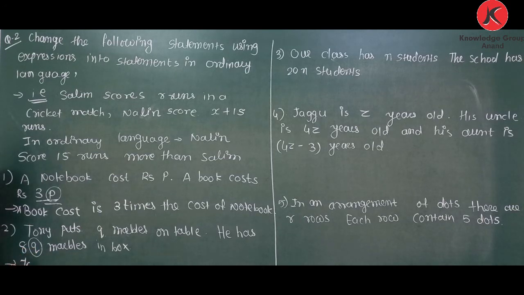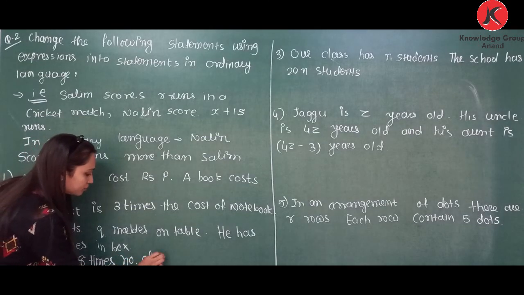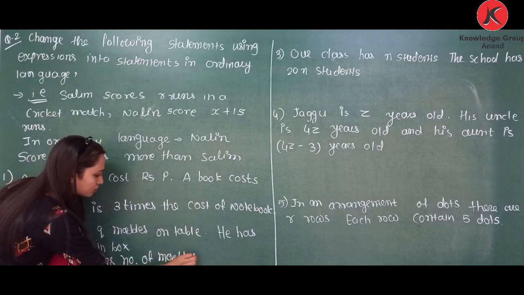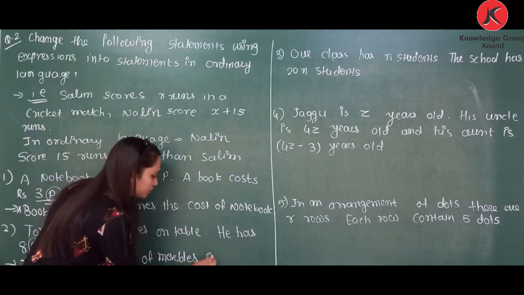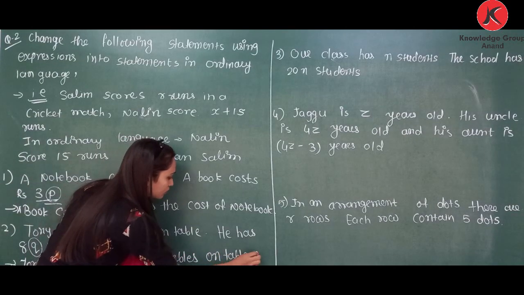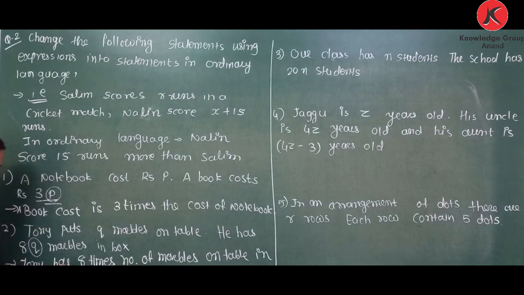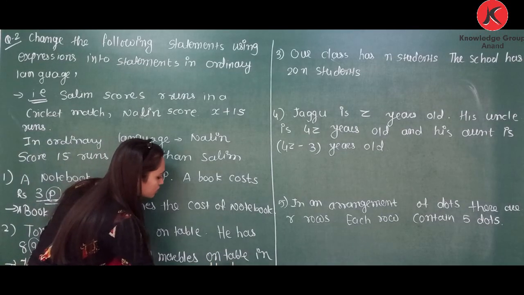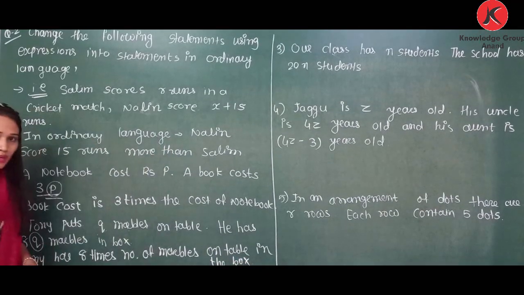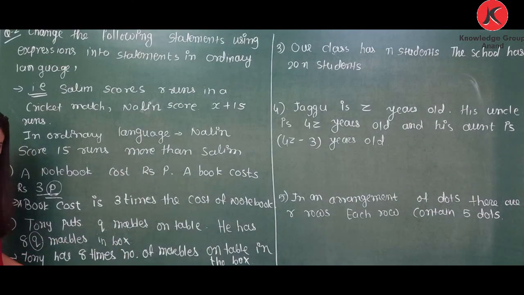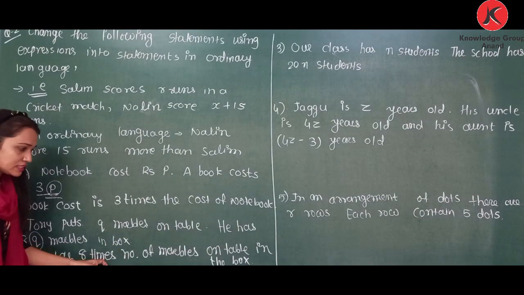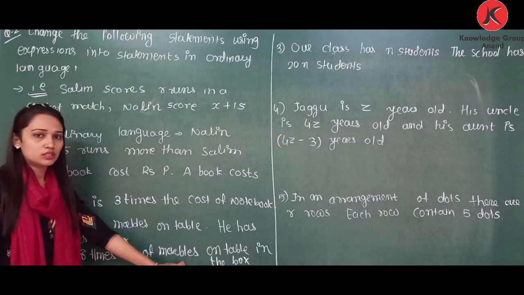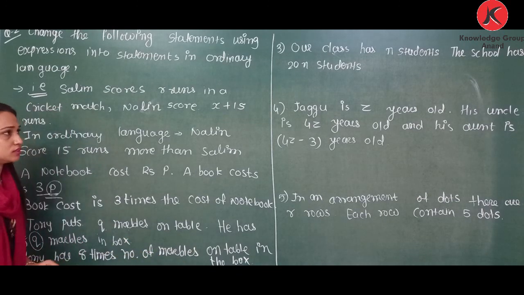So we can write, Tony has 8 times the number of marbles on the table in the box. Or you can write, in the box there are 8 times the number of marbles on the table. Clear? That is also correct.